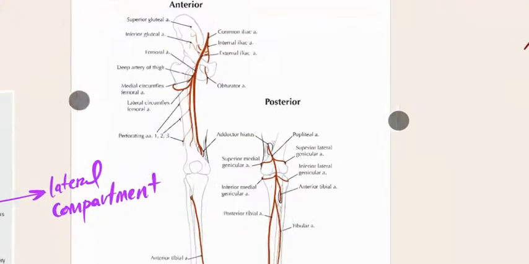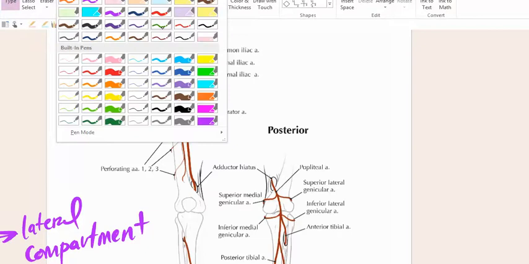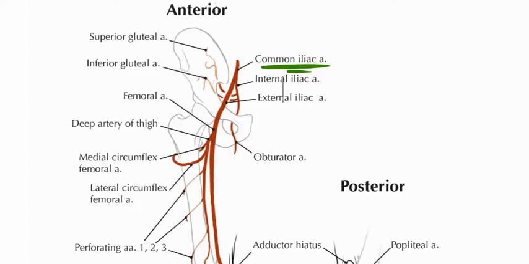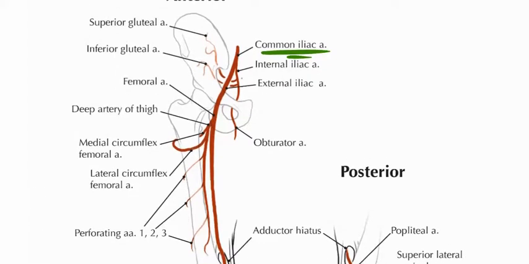Just looking at this right here, we're starting off with the common iliac artery. Common iliac is coming off of the abdominal aorta, right? Then this common iliac is going to split into your internal iliac, which is running down like so, and your external iliac.